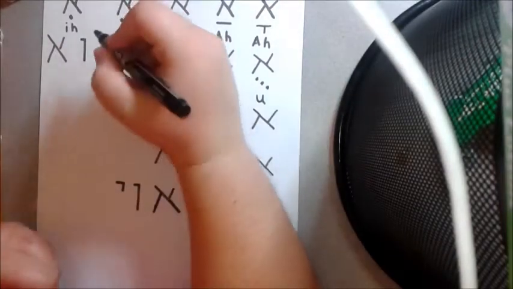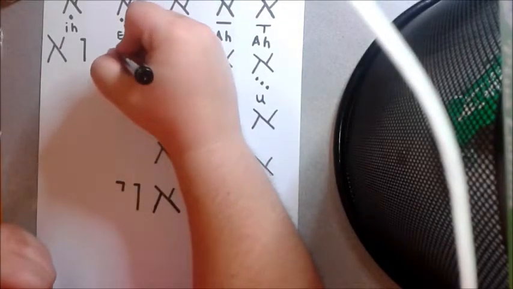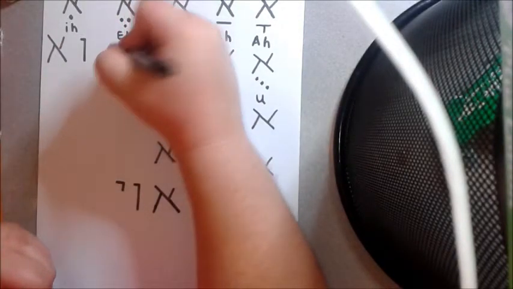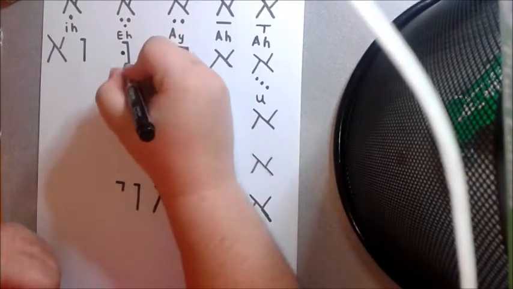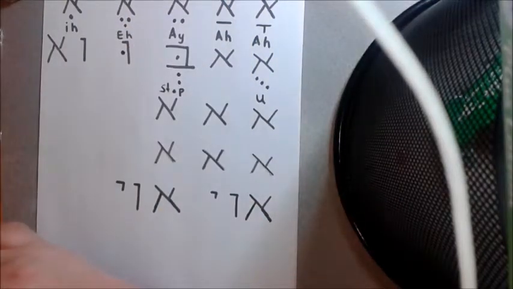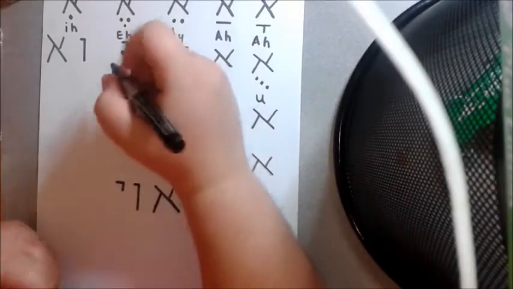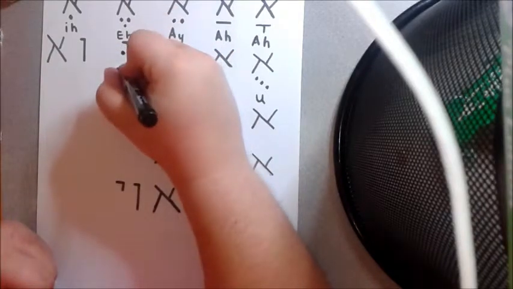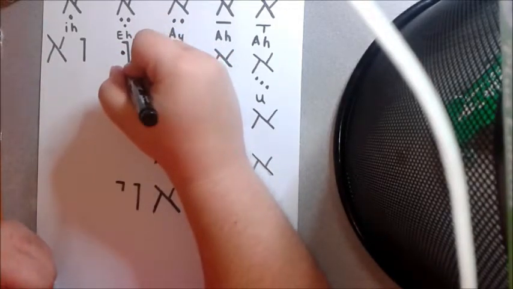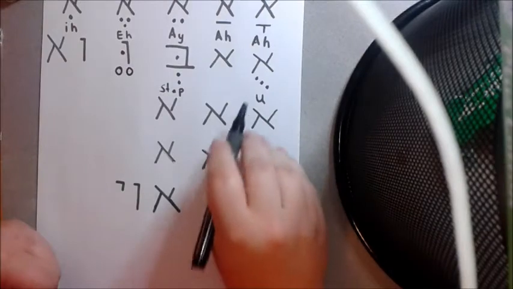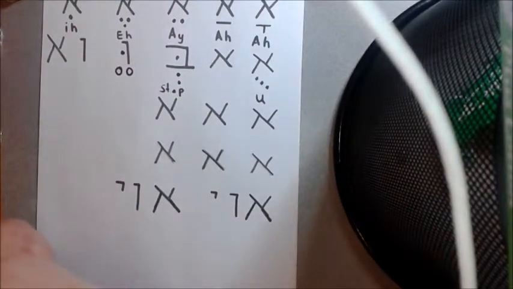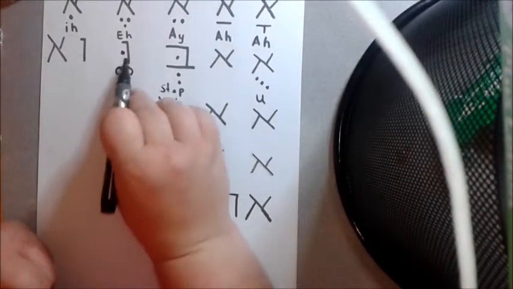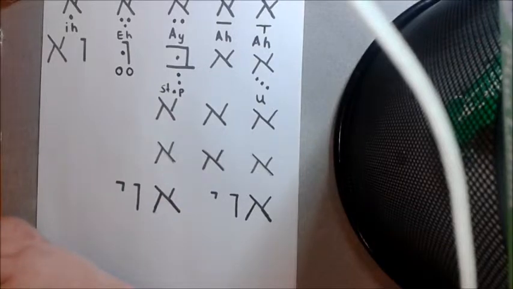So one of those is where the dot is going to appear on the inside of the vav. When it's inside of it, it says oo. And this one is why I would almost say that you are better off to remember the three diagonal dots over here as u as in put, and this as oo as in zoo.